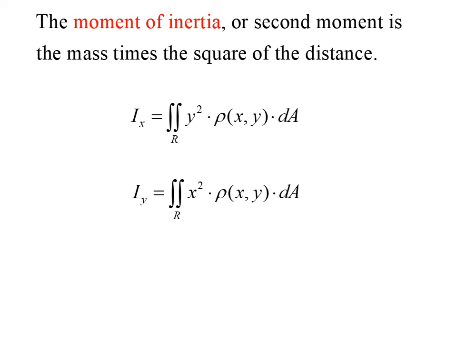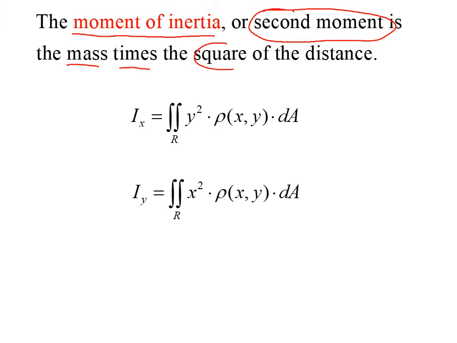Another useful calculation, and very similar to the first one in terminology as in formula also, is what's called the moment of inertia, or sometimes the second moment. Now notice it's very similar to what we just did. It's the mass times, only this time it's the square of the distance.